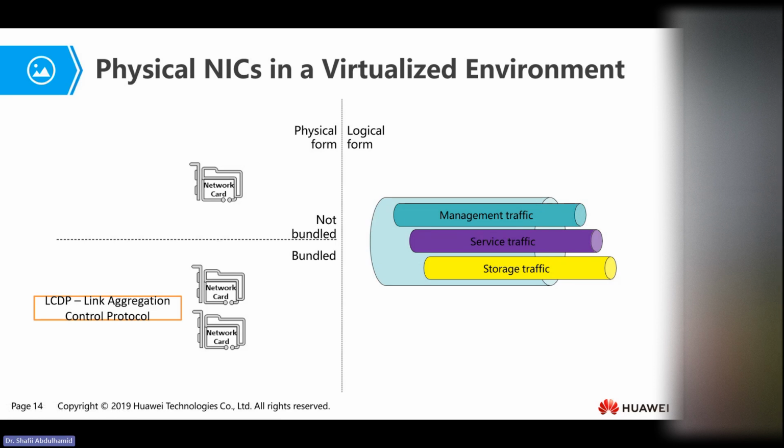It's a single NIC that we virtually recreate into different segregations to handle different types of traffic. So you can have a virtual NIC handling management traffic, and create another virtual NIC that handles service traffic or storage traffic, okay?